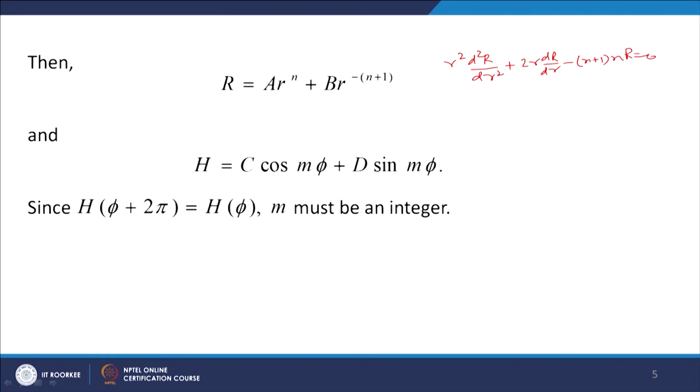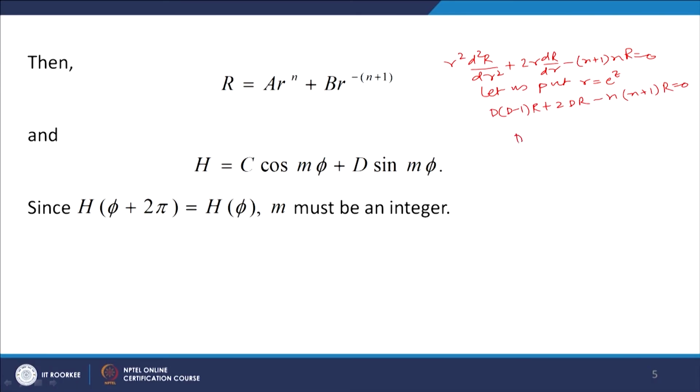Okay. So, let us put r equal to e to the power z. Let us change the independent variable from r to z. Then what we will have, because this is a Cauchy-Euler equation, r² d²R/dr² will become D(D - 1) R plus 2D R minus n(n + 1) R equal to 0.